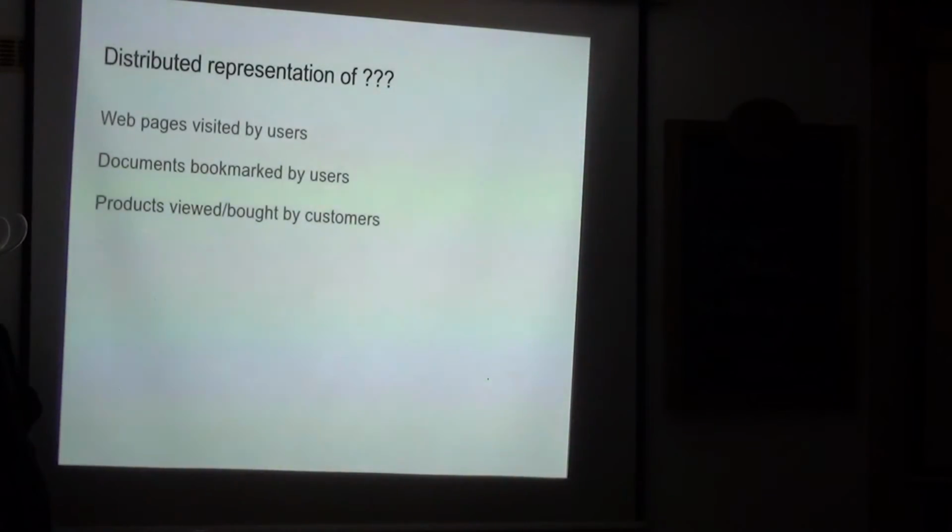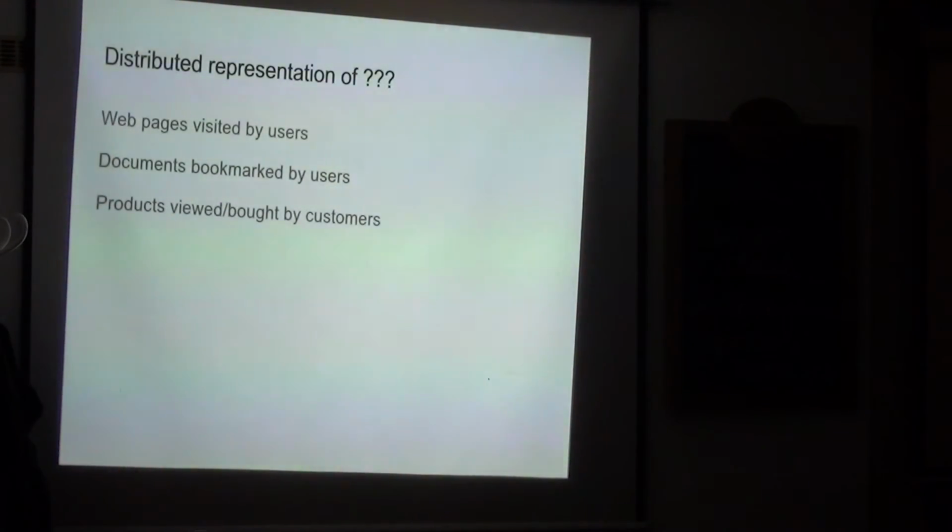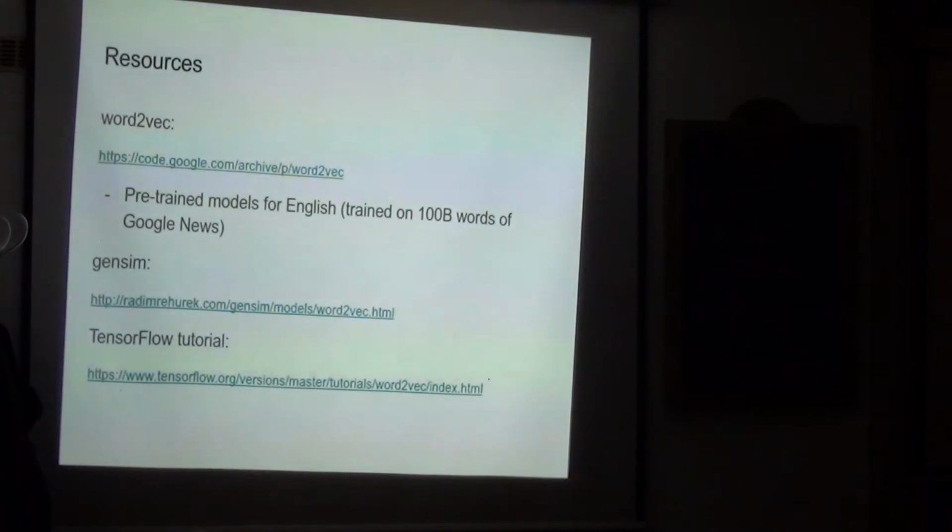So if multiple products are bought by the same customer or viewed by the same customer in a session, we could also assume that they should have something similar. Okay, so these are just starting thoughts for you to think about how you could use this in your particular domain or business.